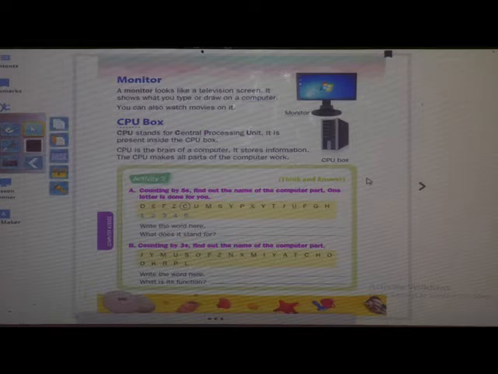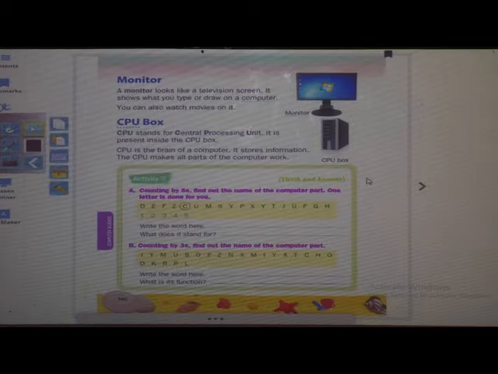And it shows what you type or draw on a keyboard. So whatever you want to display, you operate with the help of keyboard and mouse, and it shows you on that screen. You can also watch cartoons. Yes. So this is called monitor.